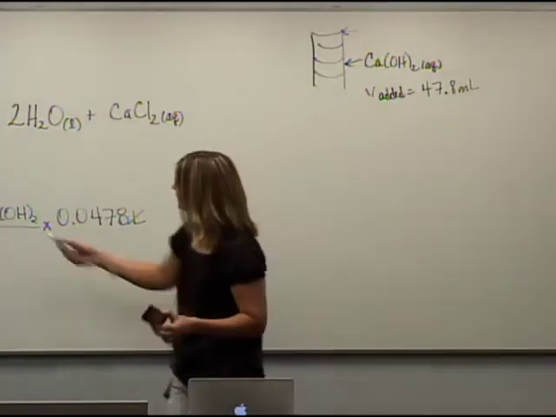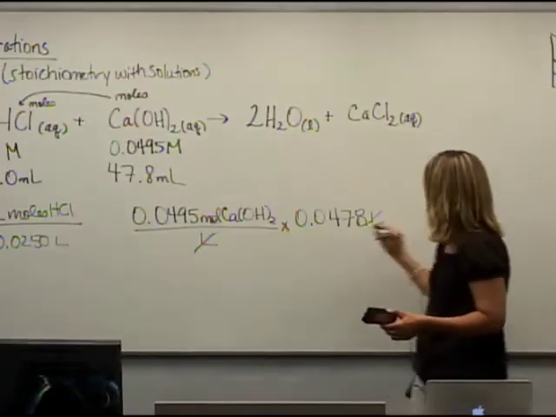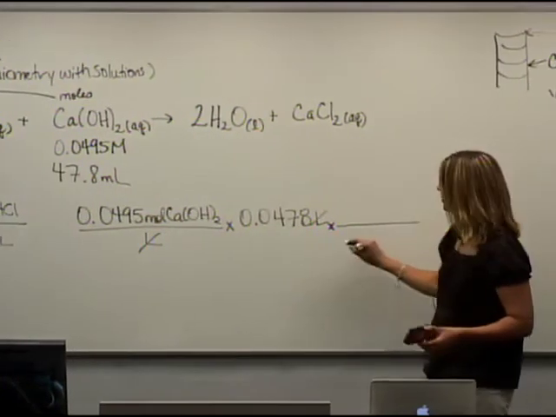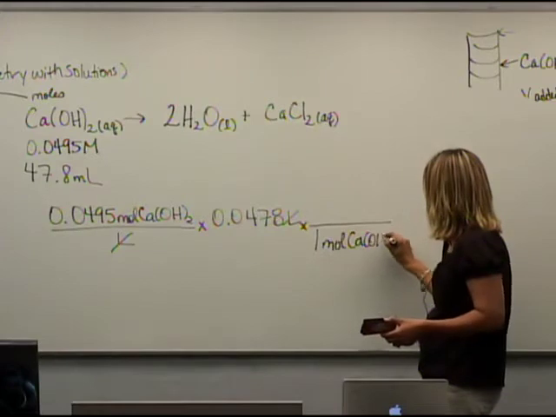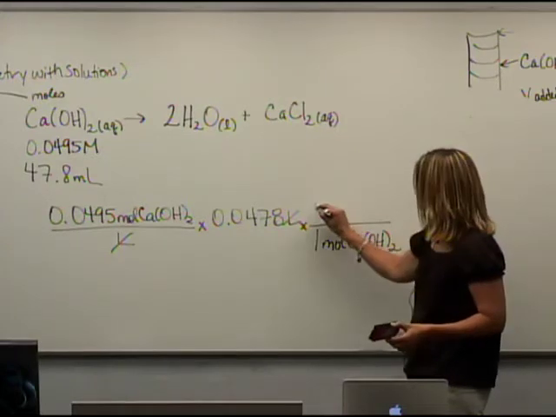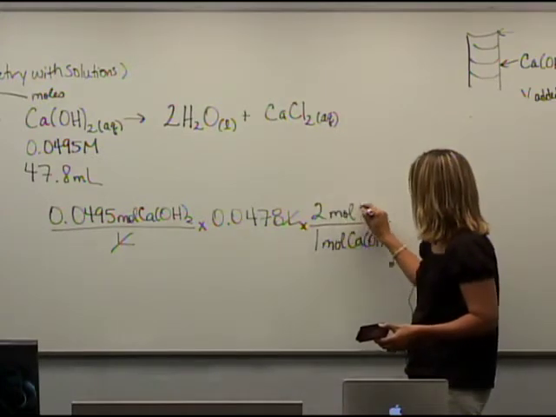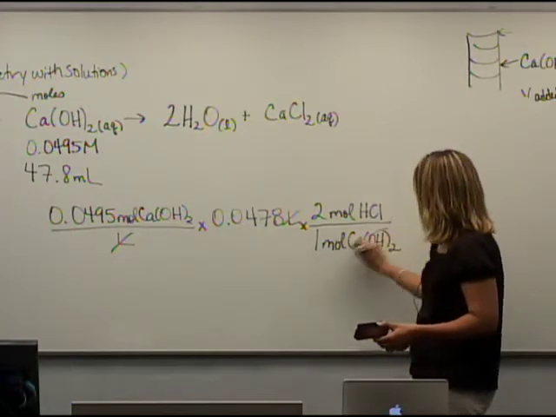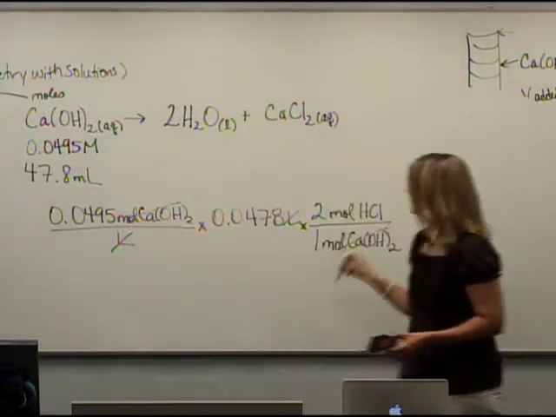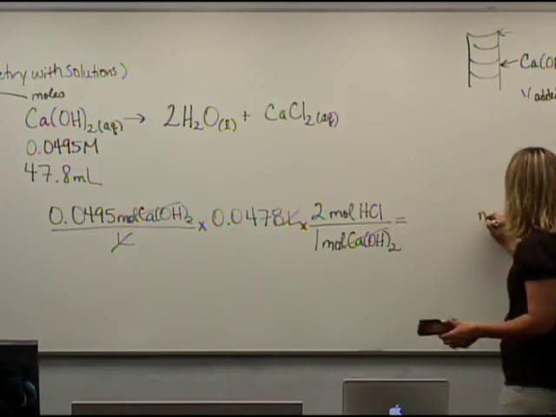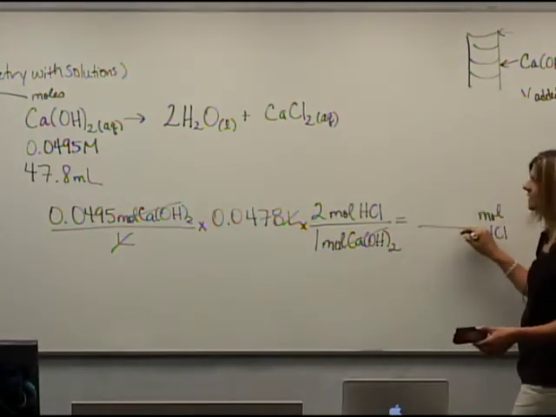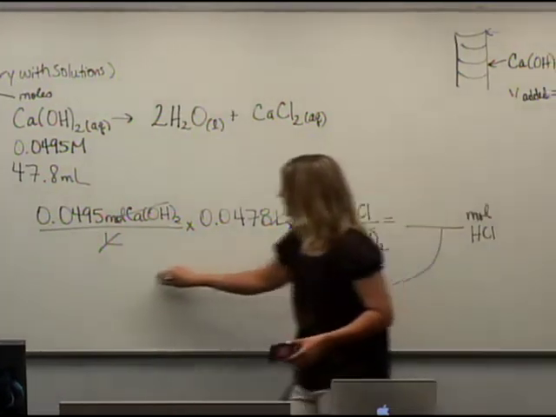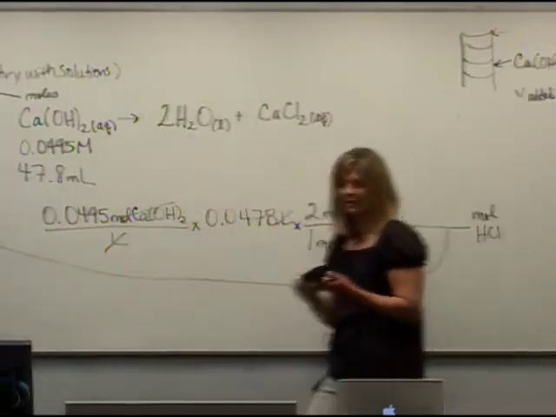If I know the moles of calcium hydroxide, I can use my mole ratio from the balanced reaction. I know every time I use 1 mole of calcium hydroxide, I also use up 2 moles of HCl. Now I know moles of HCl. This is the number I was looking for, so I could plug it into this equation to find the concentration.